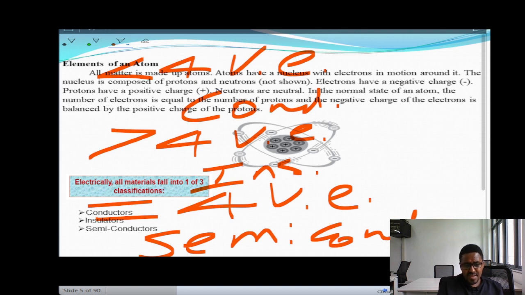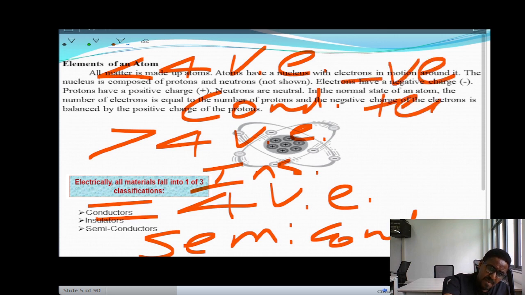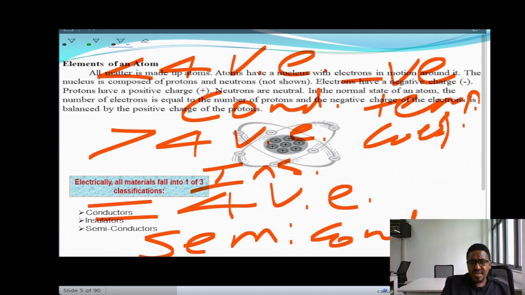And semiconductors have a negative temperature coefficient. What does it mean? When the temperature increases, the resistance of the semiconductor decreases, and vice versa.